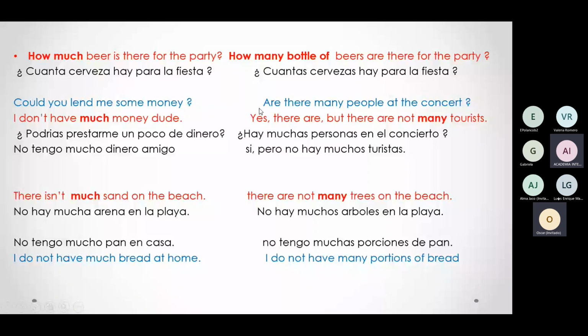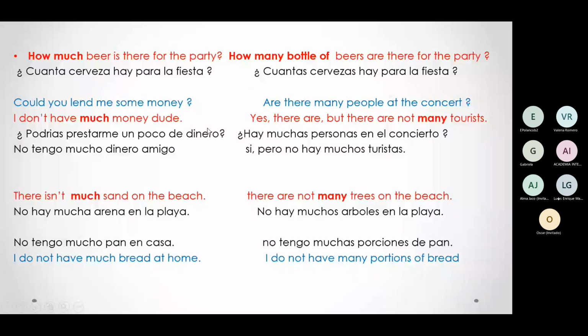Pregunta. Hello. Perdón, pregunta. Oh, okay. Go ahead. I don't have much money, dude. ¿Cómo se pronuncia la última palabra? Es dude. Es como que no esté pronunciando la E, solo dude.